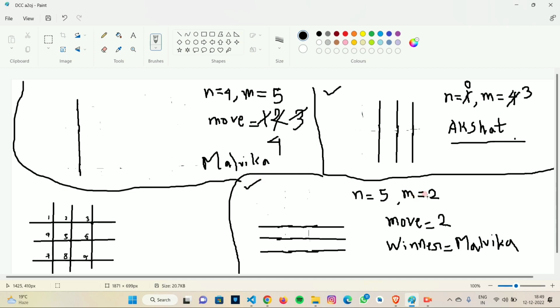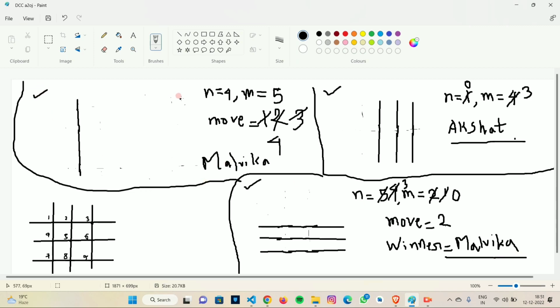In the second example, m was 2 and n was 5. And in the first move, m became 1 and n became 4. In the second move, m became 0 and n became 3. So now we are left with 3 horizontal lines and 0 vertical lines. And the number of moves was 2 and the winner was Malvika.